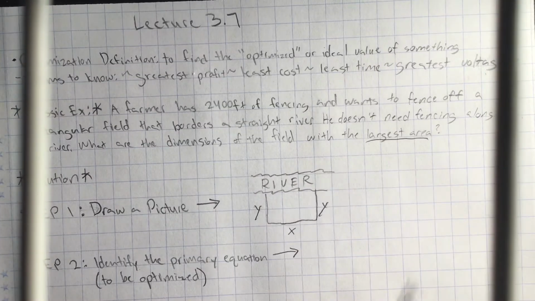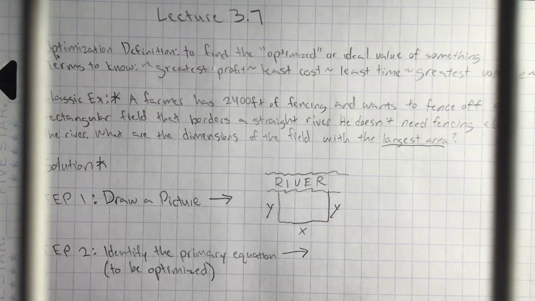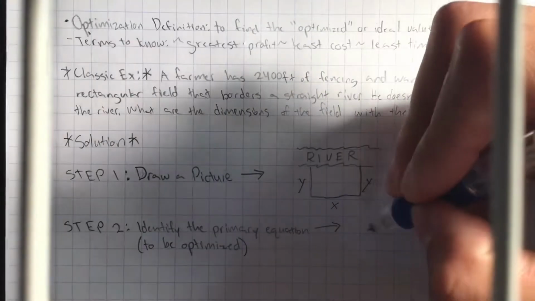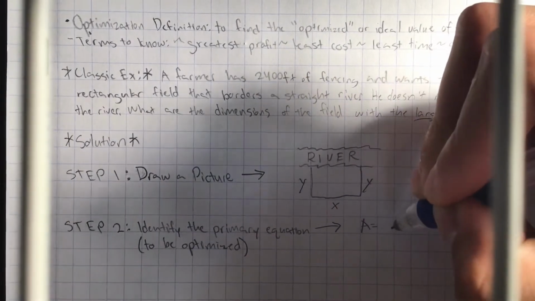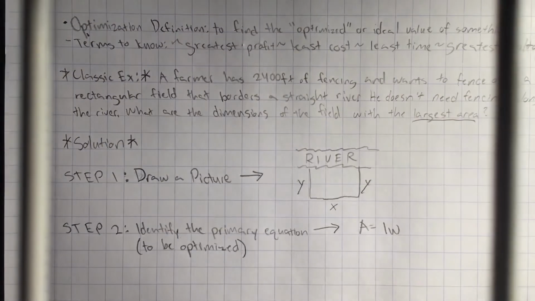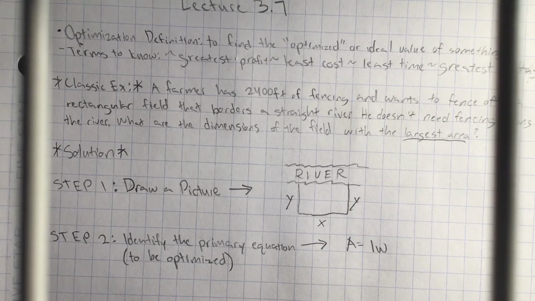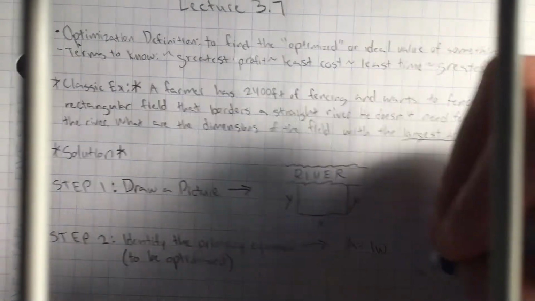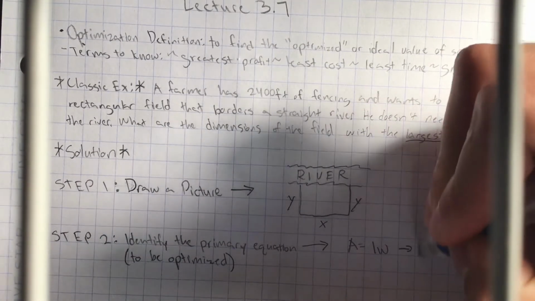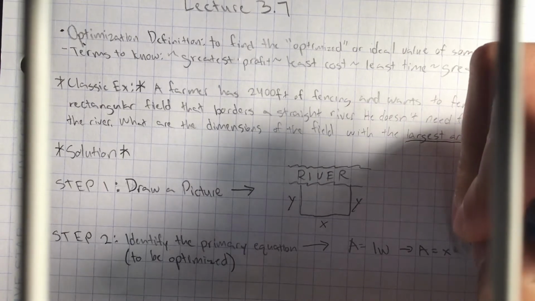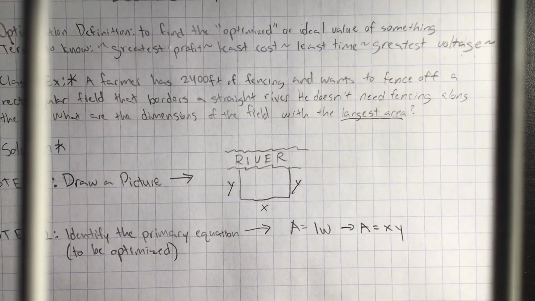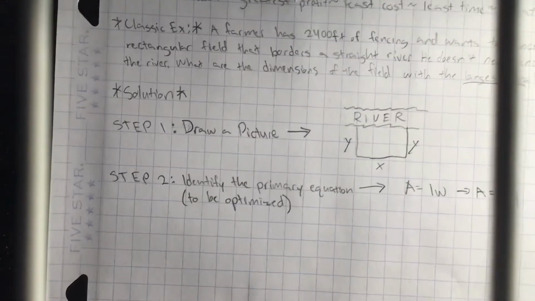It's pointed out right here. So, the formula for the area of a rectangle we know is area equals length times width. And since we represented our drawing, we don't have any L and W variables, so area actually equals x times y. That is our primary equation.